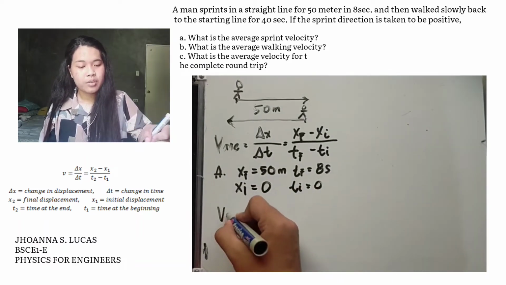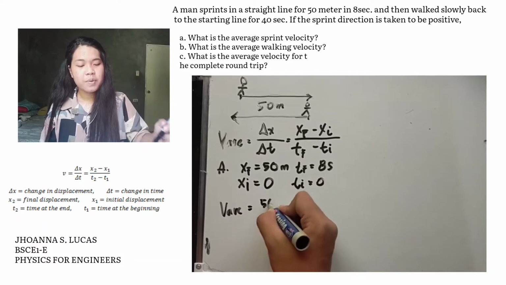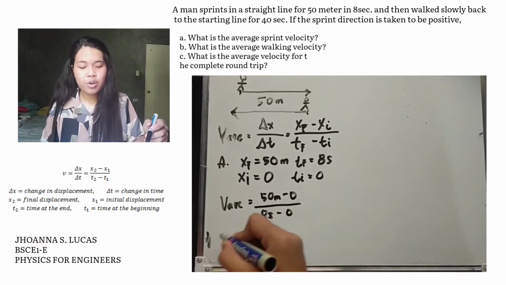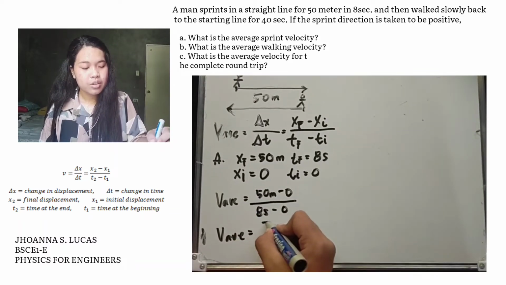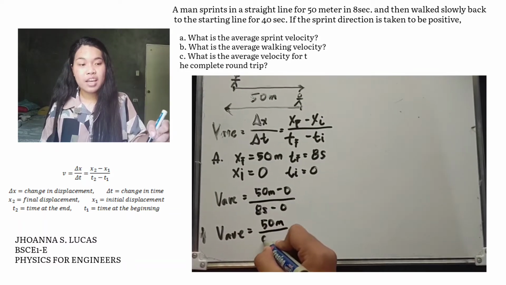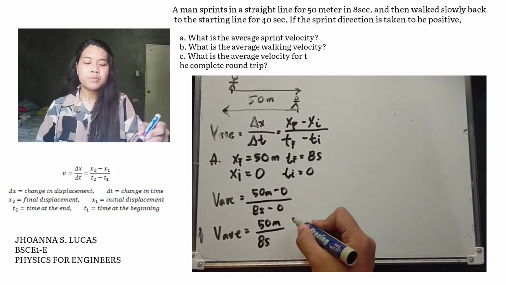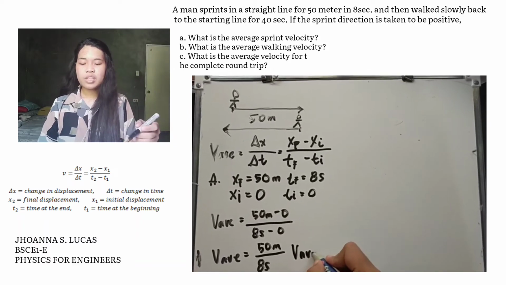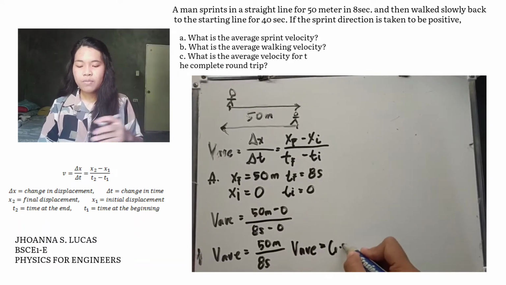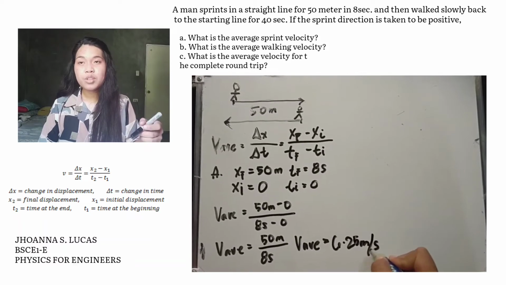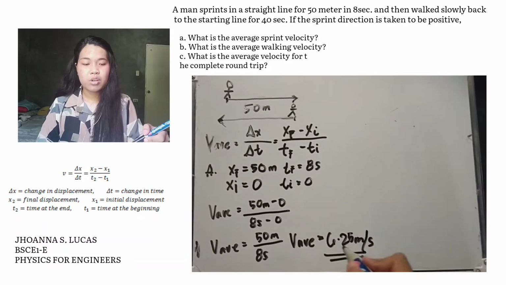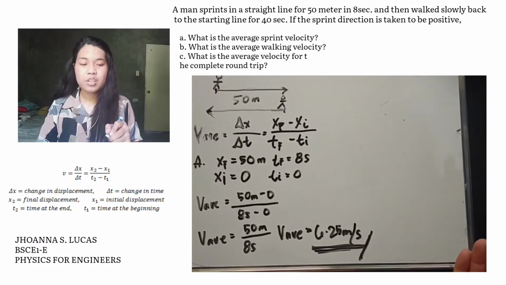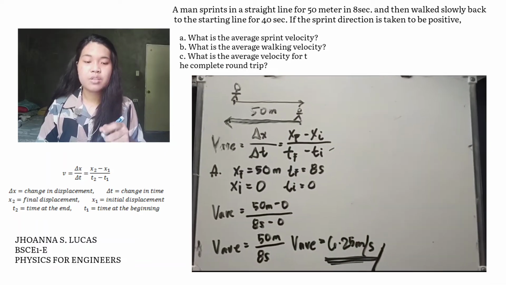So, we will write it like this: 50 meters minus 0 over 8 seconds minus 0. We will have 50 meters over 8 seconds. Now, calculating it, we will have an average sprint velocity of 6.25 meters per second. So our answer in letter A is 6.25 meters per second.